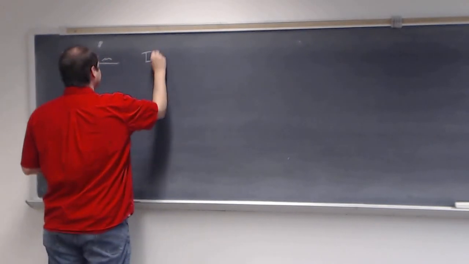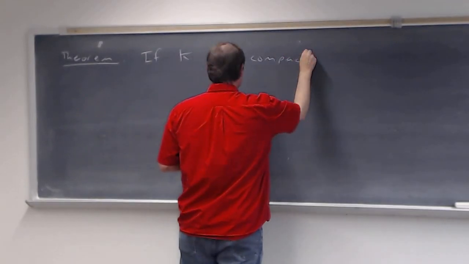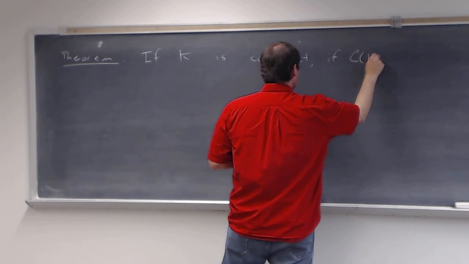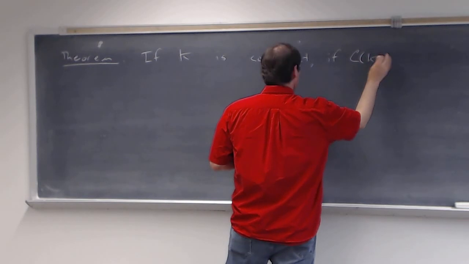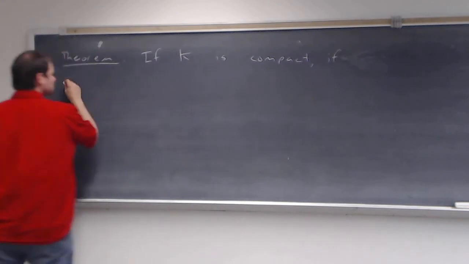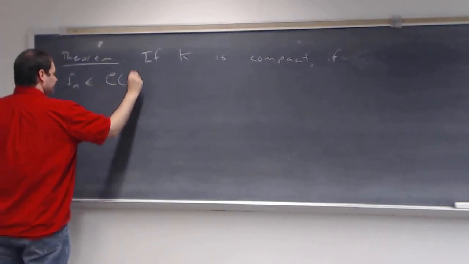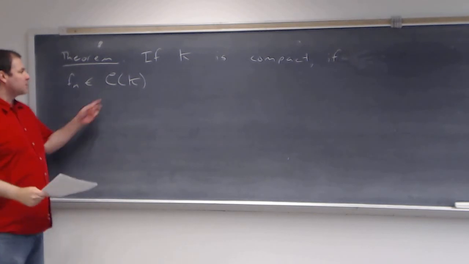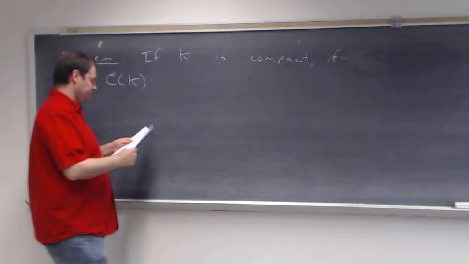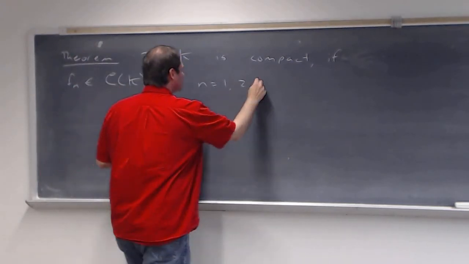it says if K is compact, if f_n is in C(K). Remember, those were complex valued functions defined on K that were continuous and bounded. And that's true for n from 1, 2, 3, whatever.